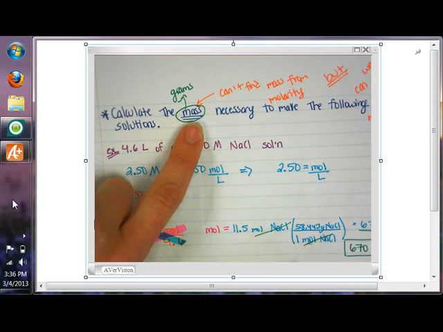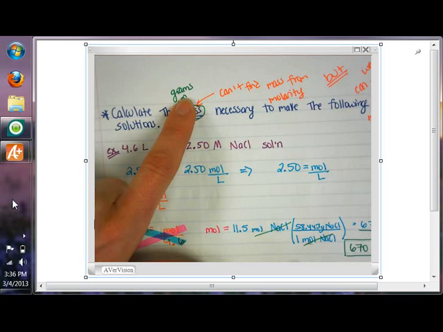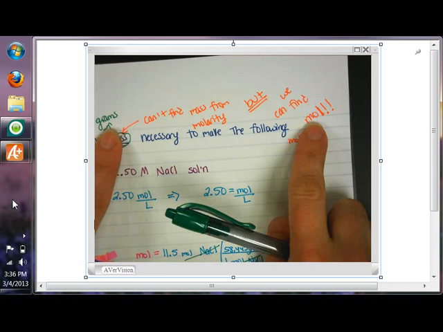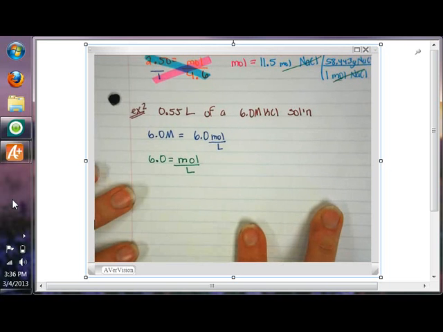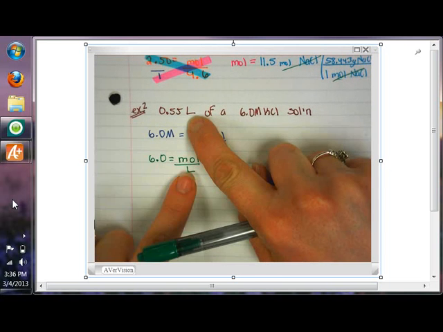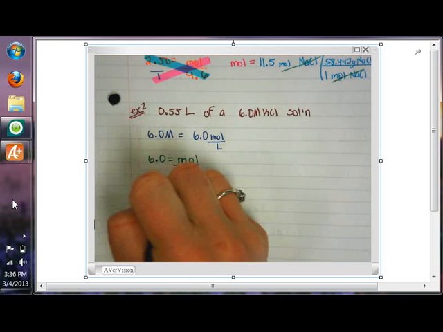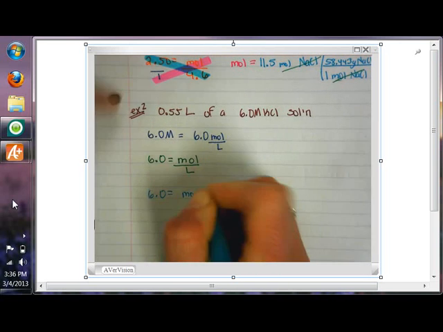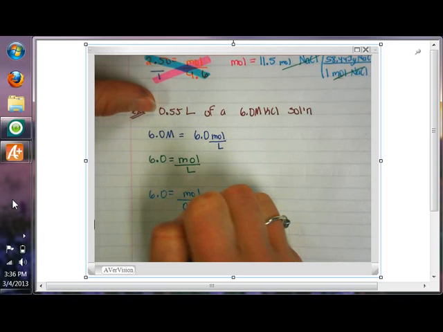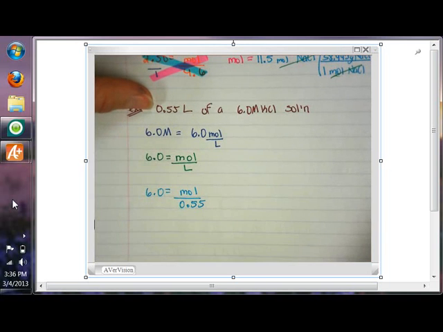So they wanted me to calculate the mass necessary, which is grams. I'm going to have to find moles first, so I'm going to go ahead and do that. So I see they give me liters, so I can plug that liters in right down here. So 6.0 equals moles, and they give me liters, which is 0.55.